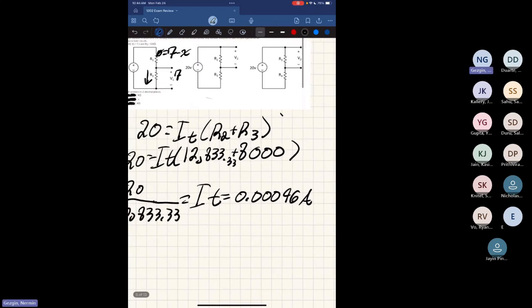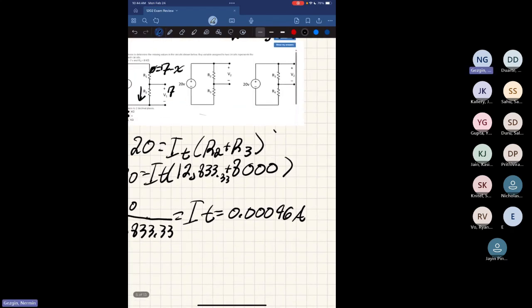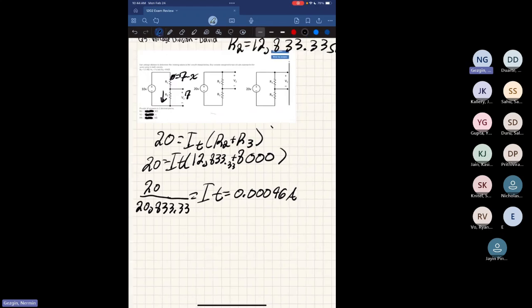And given this, we can calculate the voltage drop of R2.